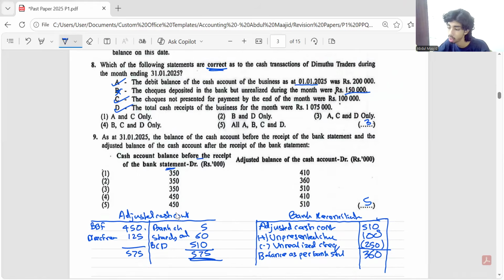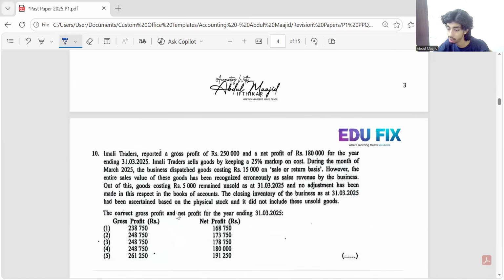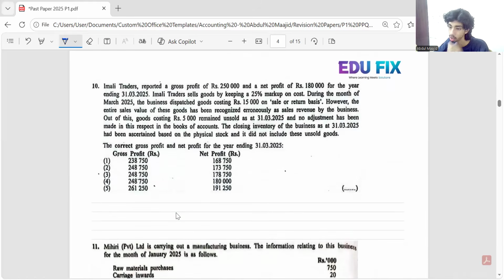Answer number 5. Then moving on to the 10th one. Imali traders reported a gross profit of 250,000 and a net profit of 180,000 for the year ending 31st March 2025. Imali traders sells goods by keeping a 25% markup on cost during the month of March. The business dispatched goods costing 15,000 on sale or return basis.